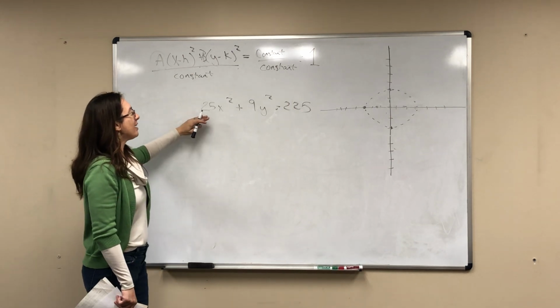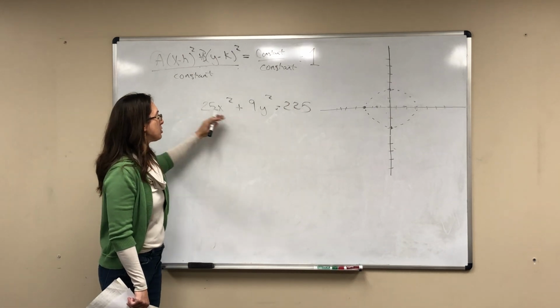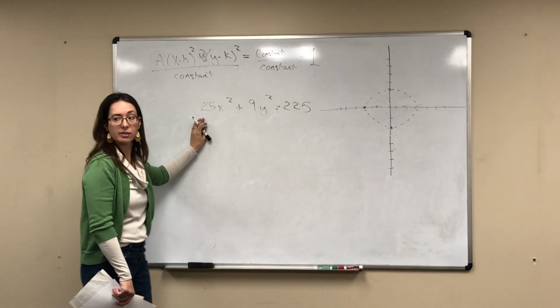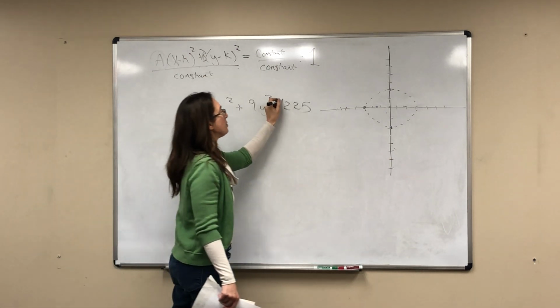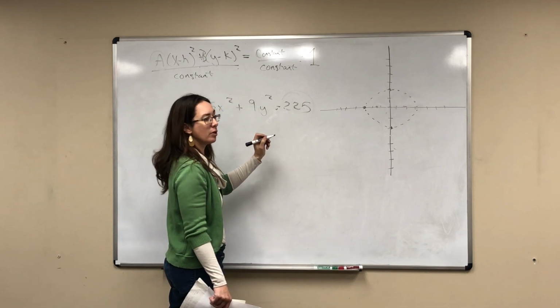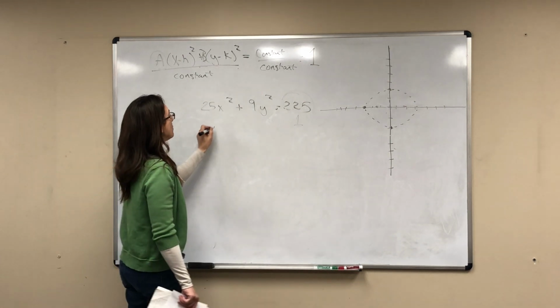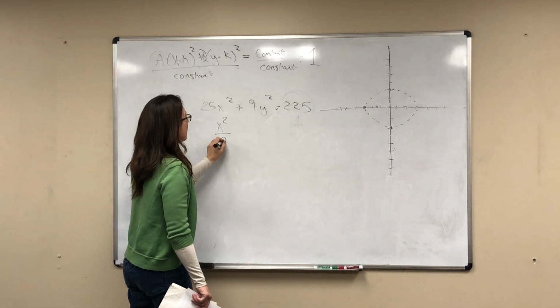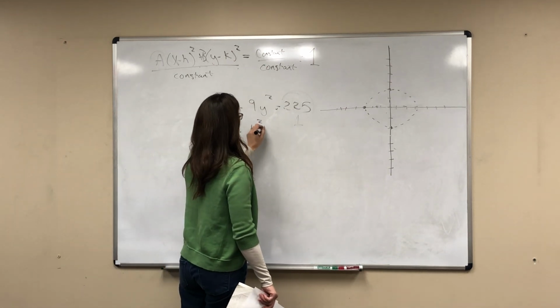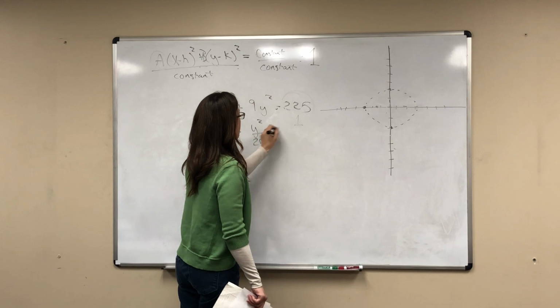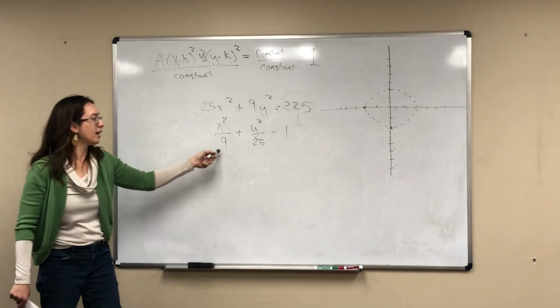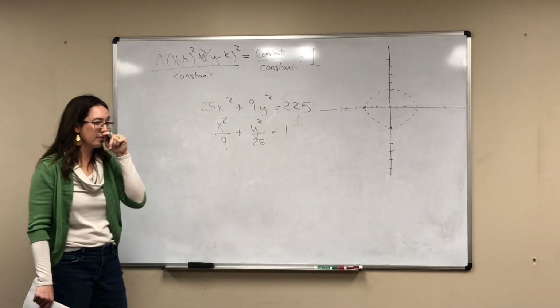Okay, because we have two squared terms, but the coefficients are different. So I need to turn the right side into the number 1, first order of business. So when I divide, I end up with x squared over 9, y squared over 25.